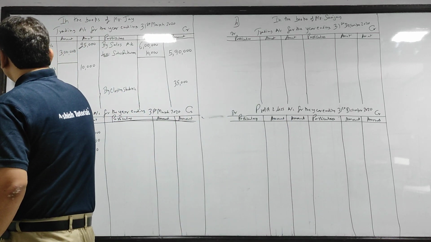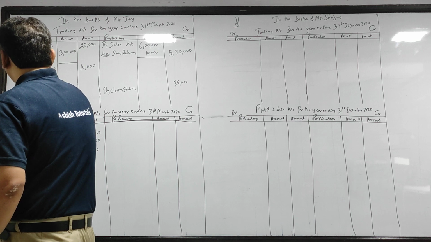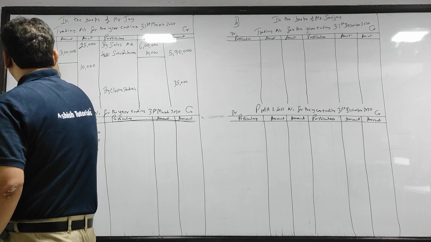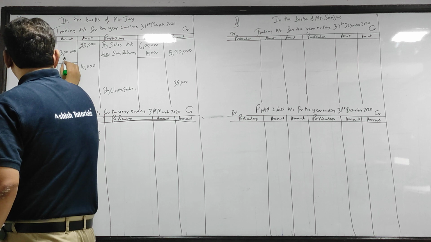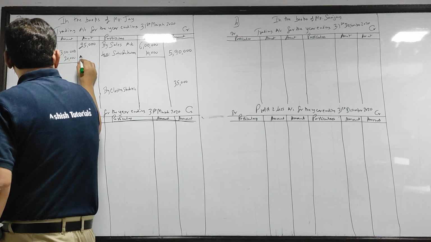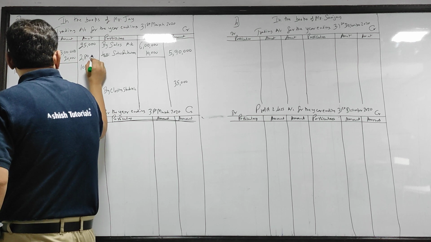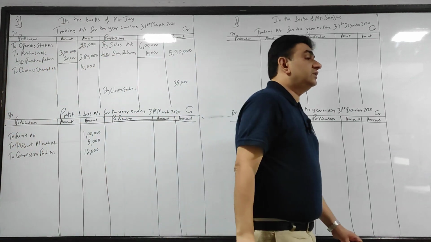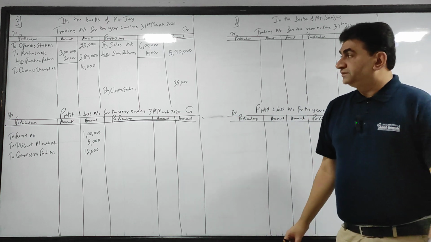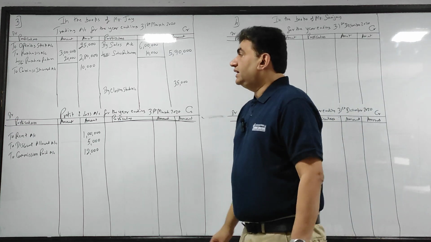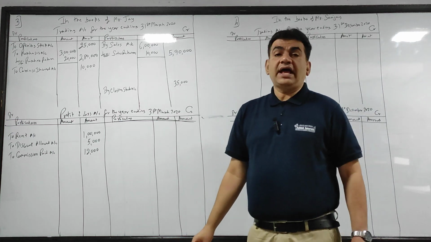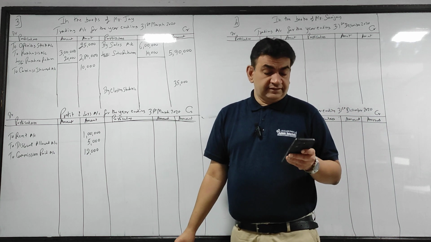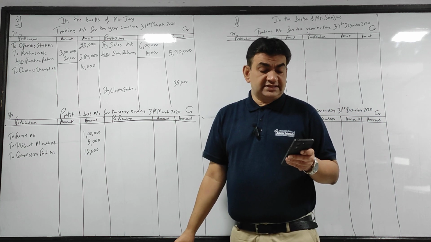So, below purchases, right there, less purchase return, that is 20. 3 lakh minus 20, you will get 2,80,000. Clear with this? Next.